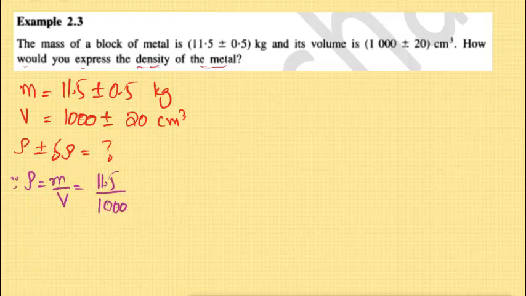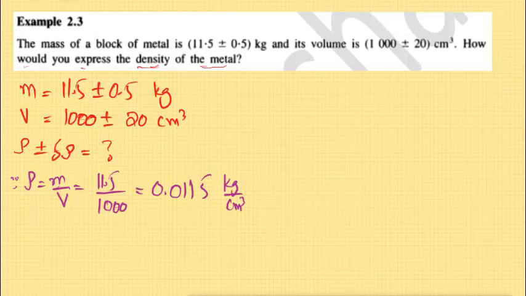So if we try to figure out the value of density, it is going to be 0.0115, and the unit is going to be kilogram per centimeter cube, because they have not specified that you're supposed to measure this in SI units. So right now I'm keeping this in kilogram per centimeter cube. Now I have just figured out the value of density. Furthermore, what I need is the error in density.